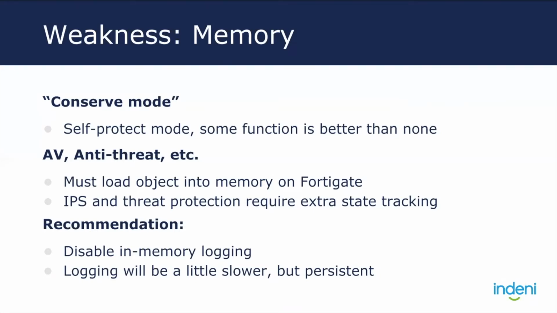If the proverbial trip over the power cord event happens, then your logs don't go away. And there's something that you can pull out and send off to do analysis on in the FortiAnalyzer. And you also avoid conserve mode so that you can still use your antivirus, you can still do the proxy mode, threat analysis, and get all the goodness that we're using the Fortinets to have.